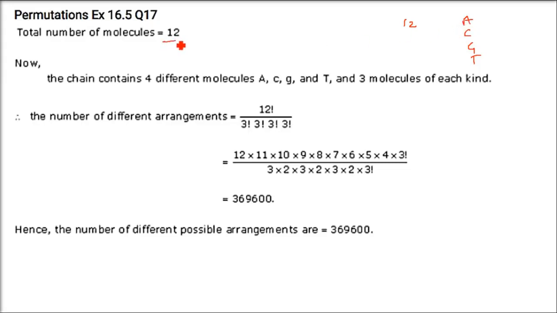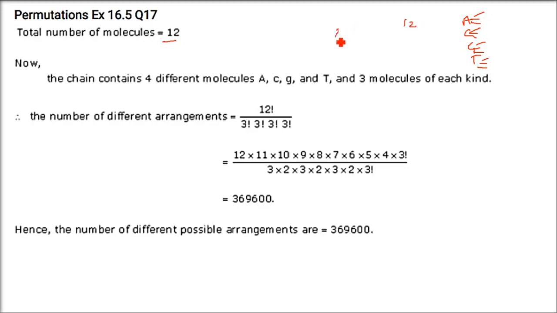So there are 4 different molecules, and each has 3 molecules of its kind. A has 3, C has 3, G has 3, T has 3.